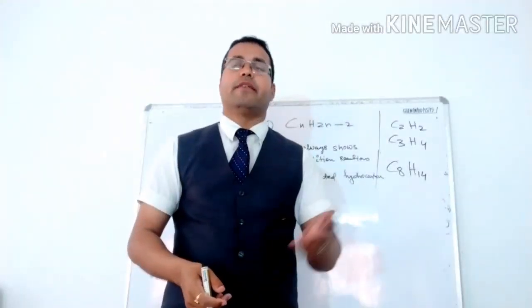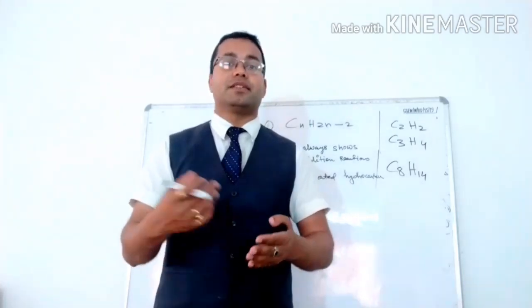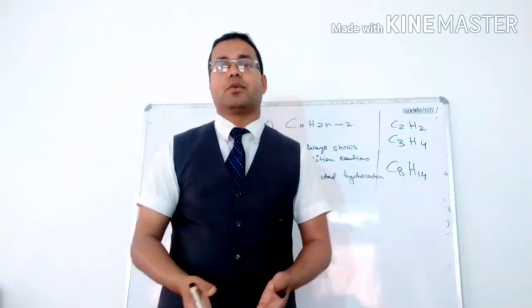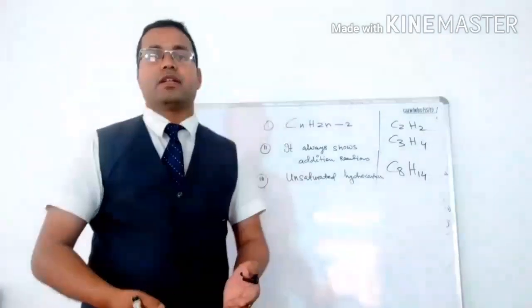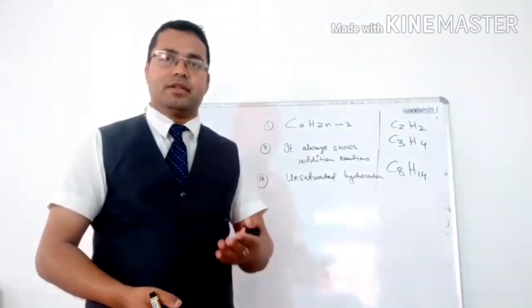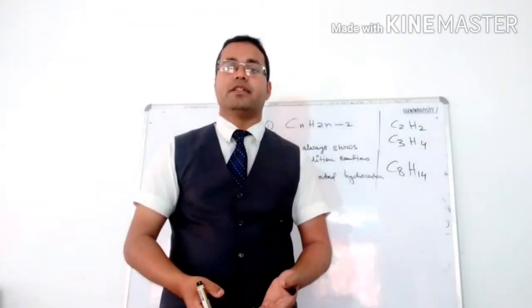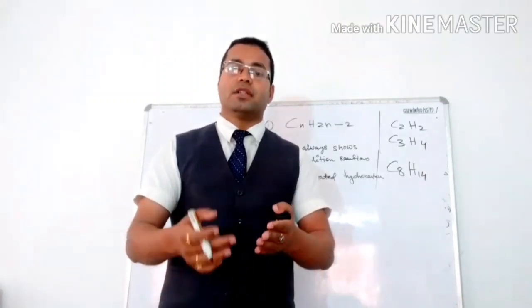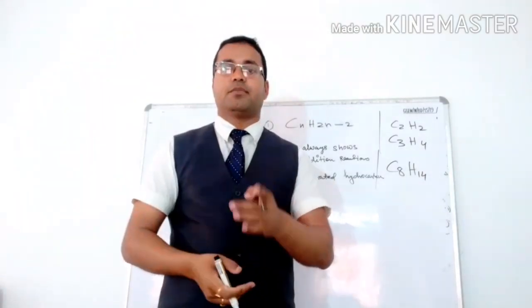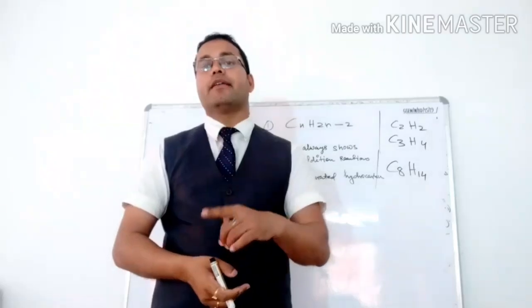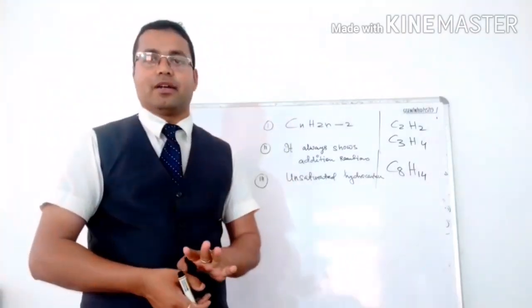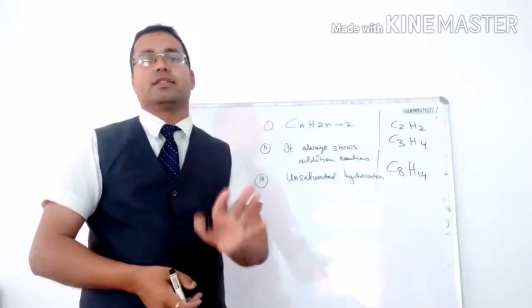Already you were given the concept of saturated and unsaturated; in the board exam this question is generally asked. In saturated, more hydrogen cannot be added, meaning sufficient hydrogen is there. But unsaturated means more hydrogen can be added. For example, alkene and alkyne are unsaturated hydrocarbons, and alkane is the only saturated hydrocarbon.